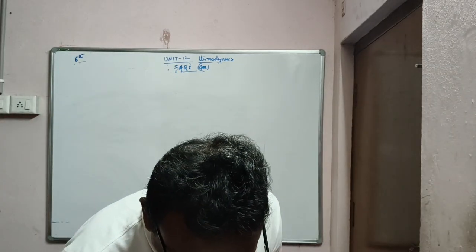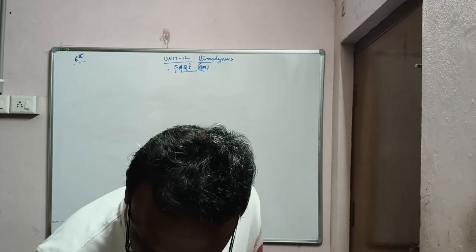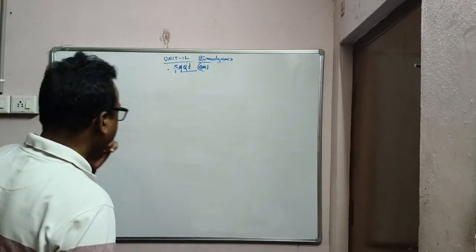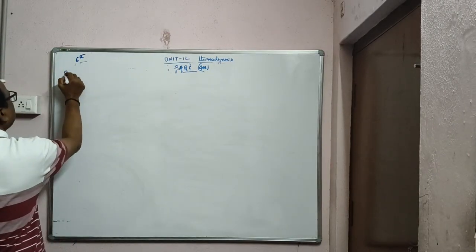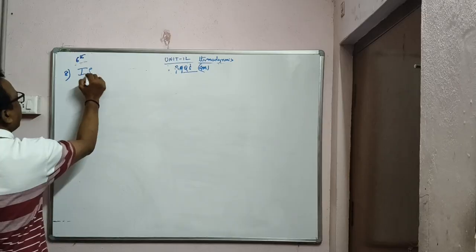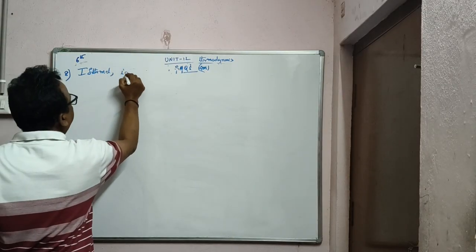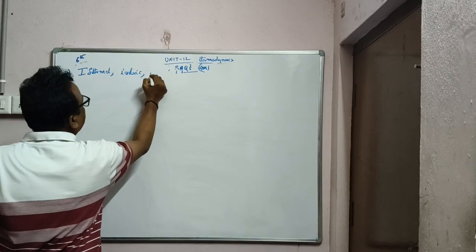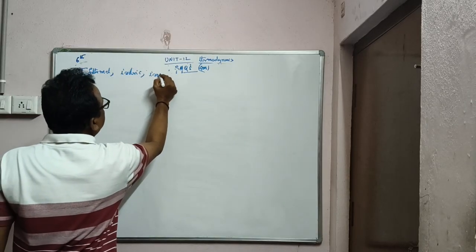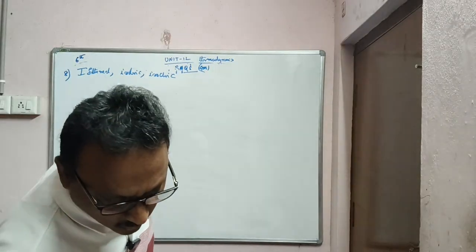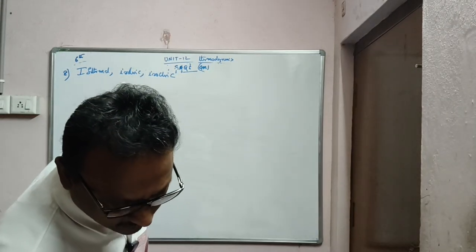Draw the PV diagram for isothermal, adiabatic, isobaric and isochoric. Look, I asked for a graph. Isothermal, isobar, isochoric, okay, isothermal, isobaric, isochoric and adiabatic.